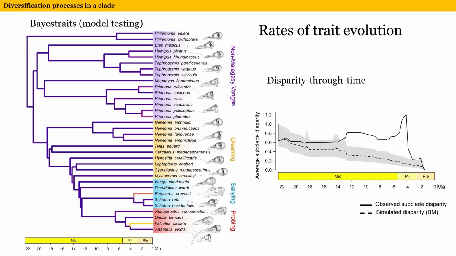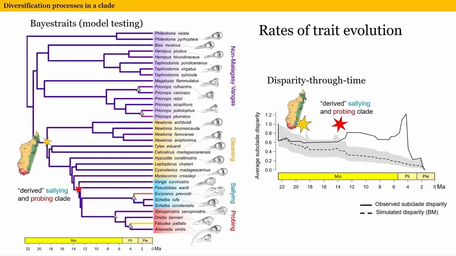And what we see from both of these, although it's hard for me to show it to you on the tree, you'll kind of have to take my word for it there, is that we didn't see a shift in the rate of trait diversification right when they arrived in Madagascar, like we might expect when they first experienced this ecological opportunity. Instead, we really see it start to pick up when these derived foraging behaviors, the sallying and then probing groups, first evolved.